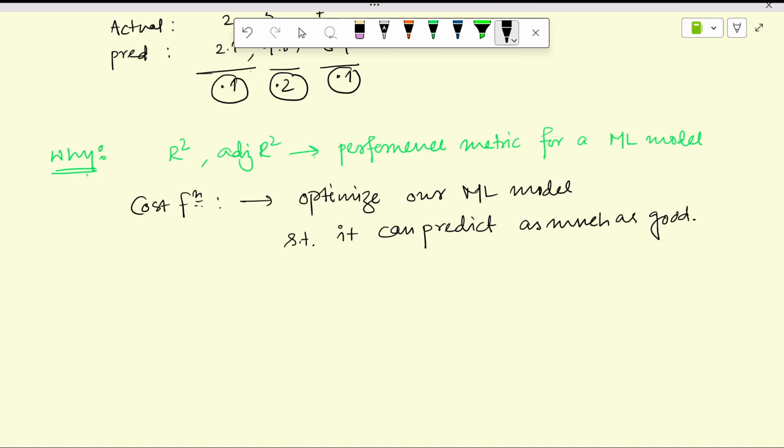So our prediction will be similar to the actual. By optimizing this type of cost function, we can do that.